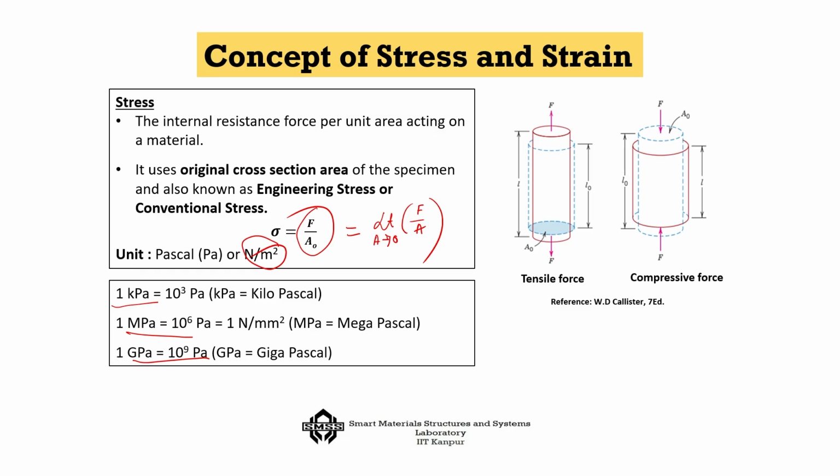Now, when I am talking about stress, it is also implicitly understood that the corresponding force can be either tension or compression. So, you can have a tensile stress as well as a compressive stress.